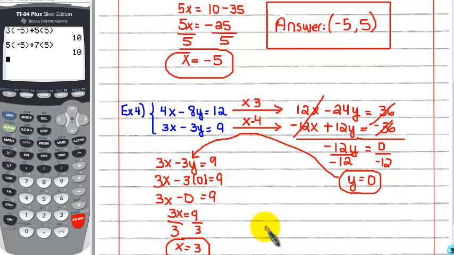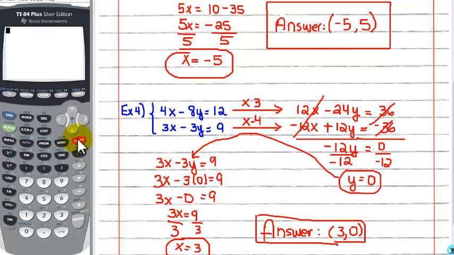So that means our answer for this problem is 3, 0. Alright? And again, remember, we can check with the calculator to see if we got it right. So let's clear the calculator and come over here and do 4 parentheses 3 minus 8 parentheses 0.